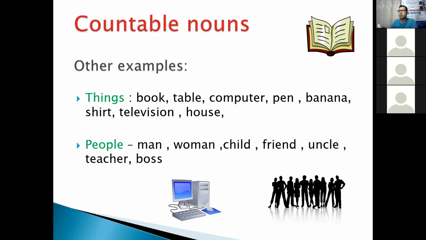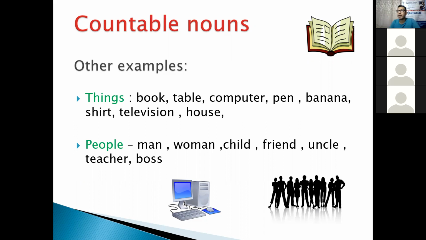Just by adding an S, we make all these plural. Book, books, table, tables, computer, computers, pen, pens, banana, bananas, and so on.